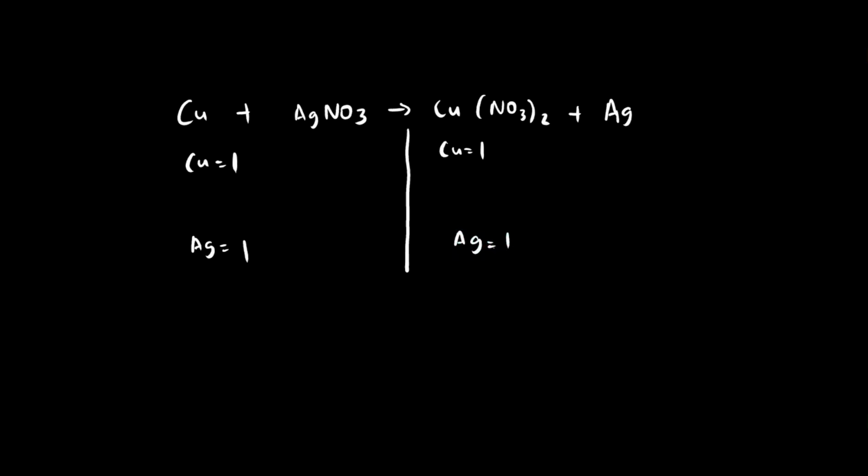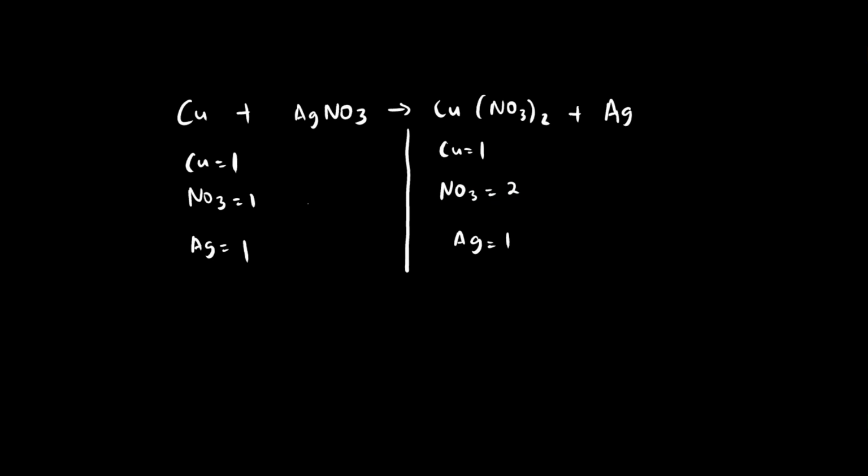And as for the nitrate, the NO3, it's easier to treat it as a unit because it makes balancing the equation much easier. So on the left hand side we have 1 nitrate, and on the right hand side we have 2 of the nitrate. So what we need to balance here is the nitrate.